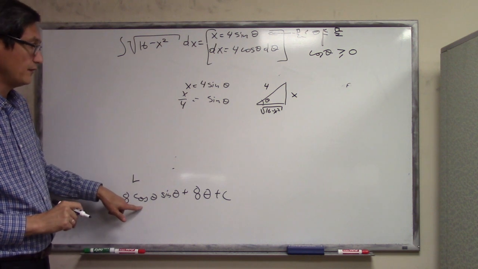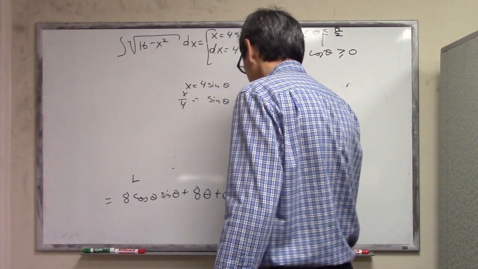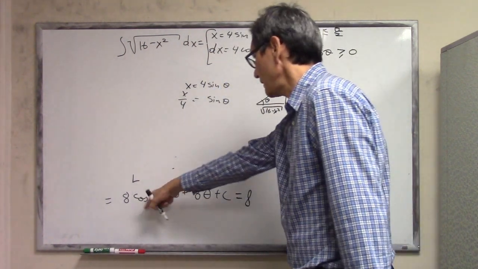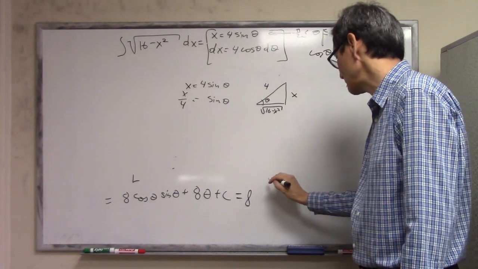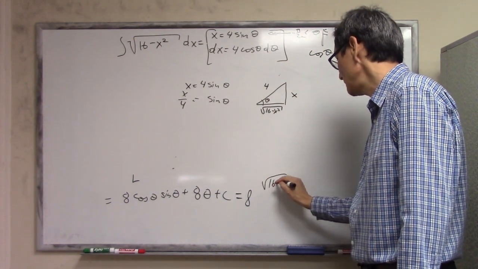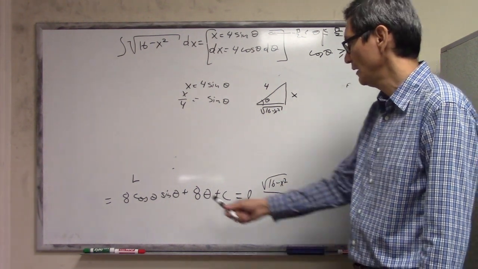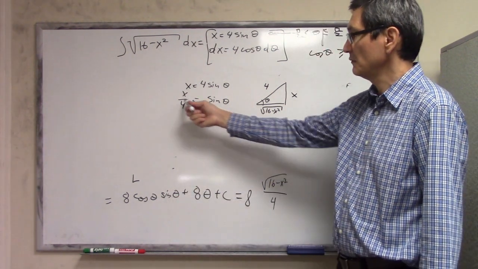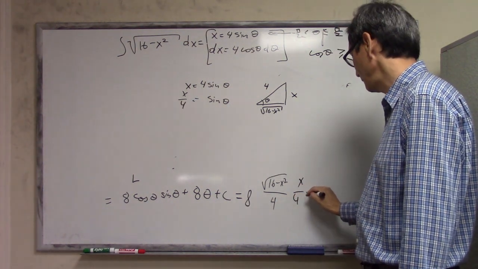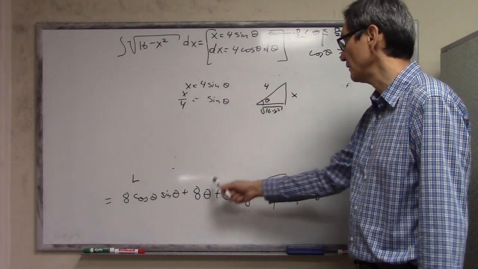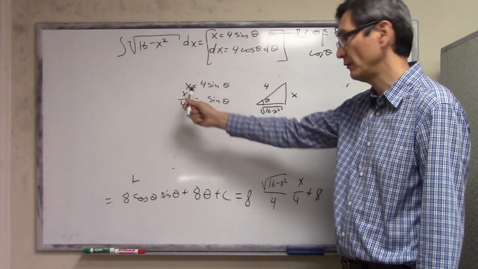From here, looking at that triangle, cosine theta will be adjacent over hypotenuse, so the square root of 16 minus x squared over 4. We already know sine theta is x over 4, plus 8 theta, and theta is the inverse sine of x over 4.